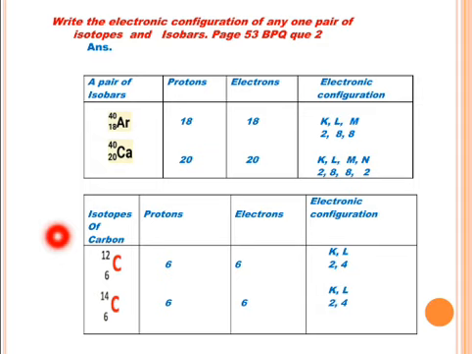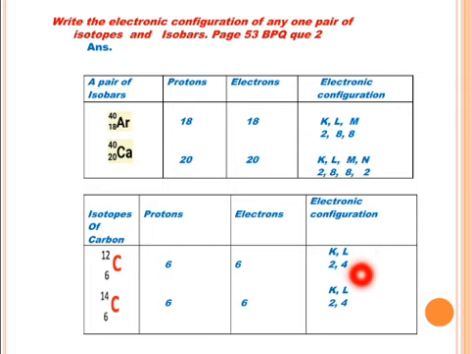See the example of isotopes of carbon, a pair of isotopes: carbon with mass number 12 and atomic number 6, and carbon with mass number 14 and atomic number 6. So the number of protons in carbon 12 is also 6. The number of electrons is also 6, and on the basis of electrons see the electronic configuration: 2 electrons in the K shell and 4 electrons in the L shell.